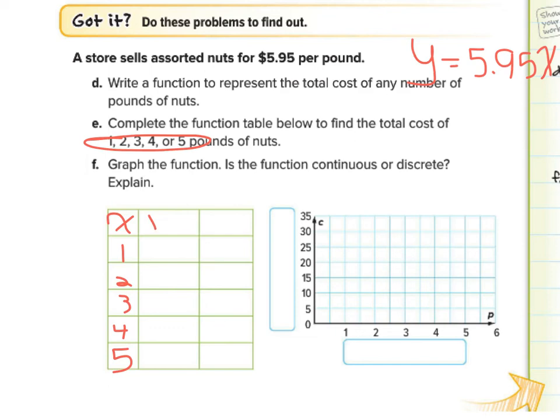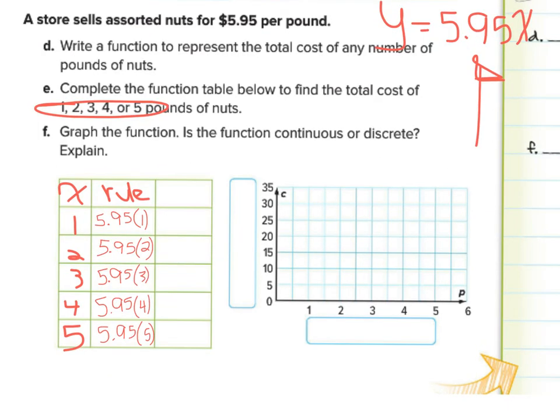Our rule has already been given to us: $5.95 per pound, or times x. So we simply replace the variable x with the number that we chose for x. So 5.95 times 1, for 2 it's 5.95 times 2, for 3 it's 5.95 times 3, and so on. And now we have our output, or our y.